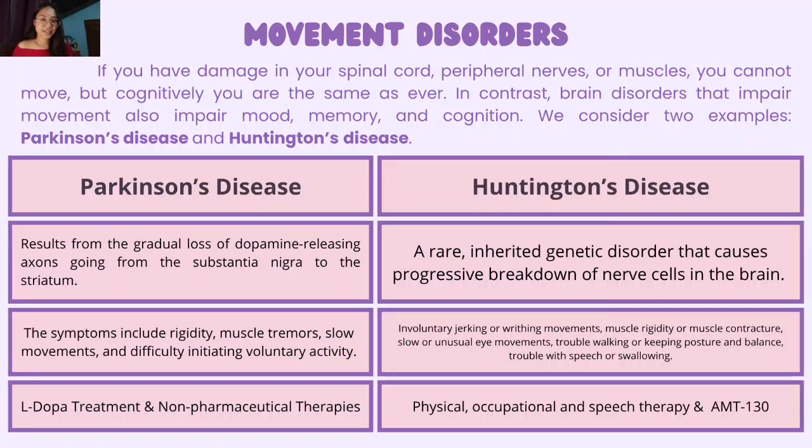The next disease is Huntington's disease. It is a rare inherited genetic disorder that causes progressive breakdown of nerve cells in the brain.